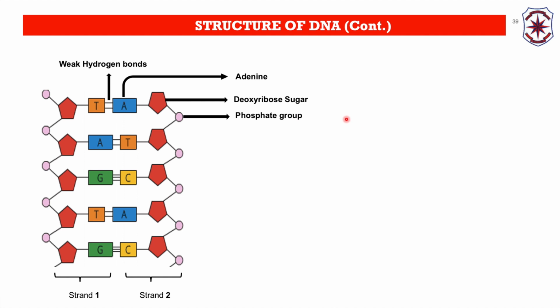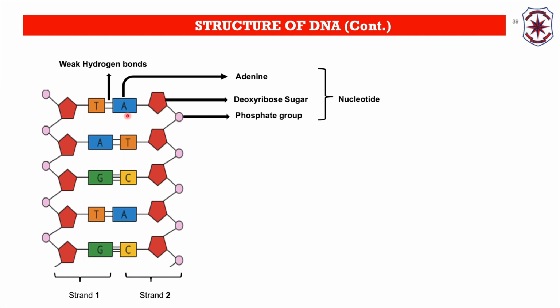Just to reiterate, please guys, a nucleotide contains three components: a phosphate group, a sugar portion, and a nitrogenous base. Now, the nitrogenous base is always attached to the sugar portion, never to the phosphate group.